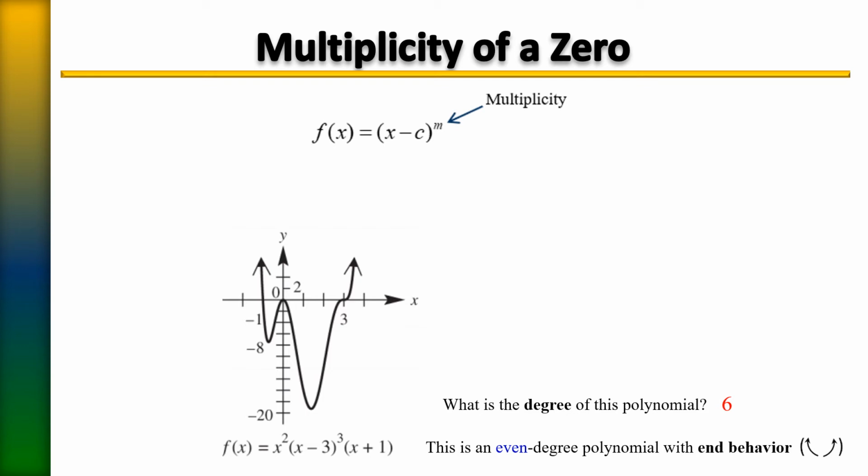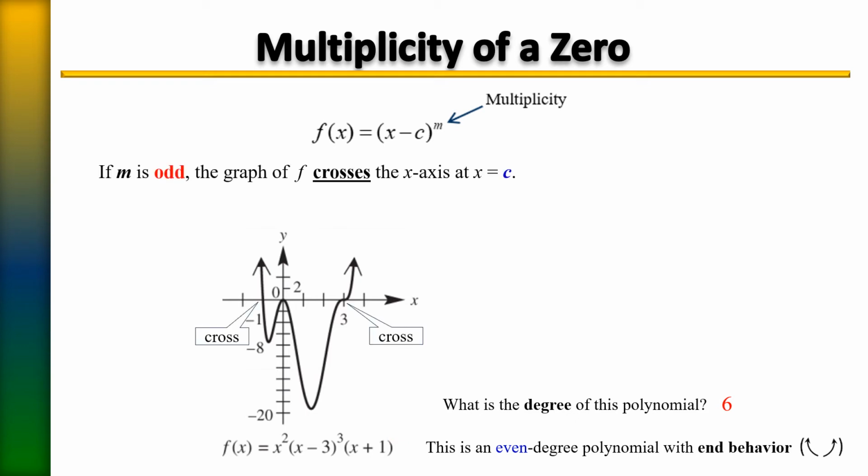So the factors that have an odd multiplicity, such as x minus 3, and x plus 1, which also has a 1, that's odd. What you're going to see there is those will cross the graph at that point. So notice there at negative 1 and at 3, it crosses the graph at that point.